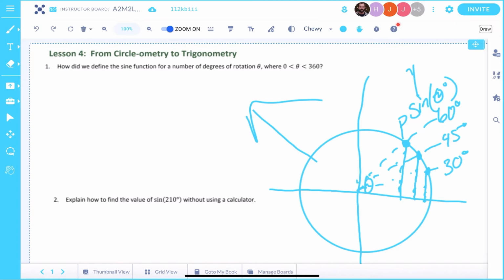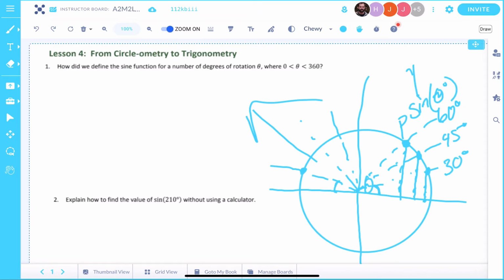So over here, now then, this is a 30-degree angle right here. This is a 30-degree angle here. So this y is going to be the exact same. The y will be the same.